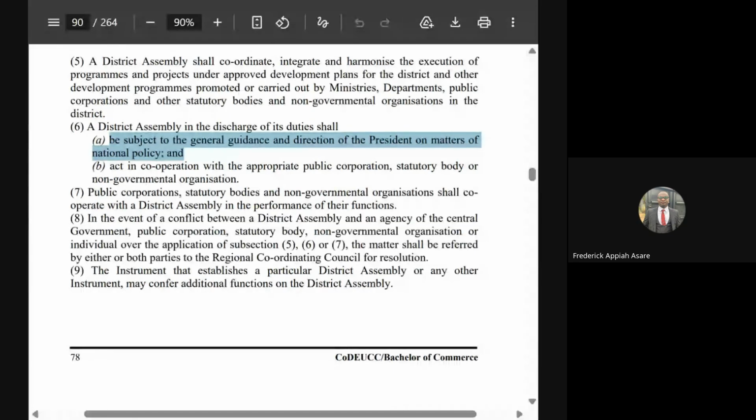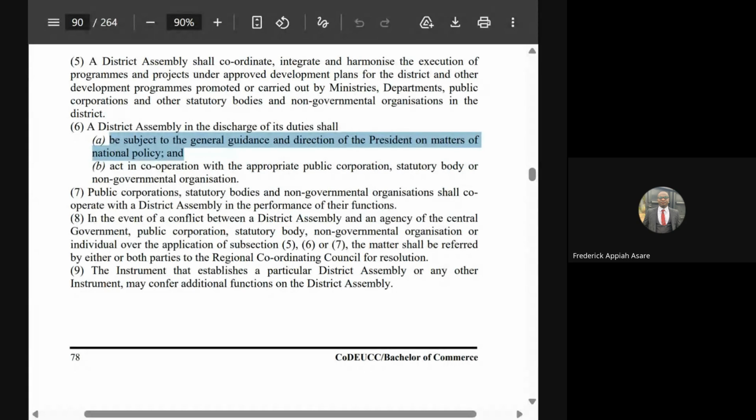So when we're doing the budget preparation, realize that I told you that every year, at the beginning of the period, the government, through the Minister of Finance, will tell all government institutions, public institutions, that this is our policy or this is how we want to go about our development or our administration for the country this year.